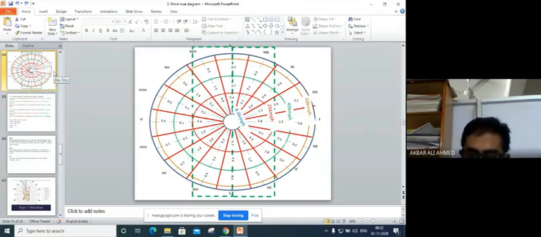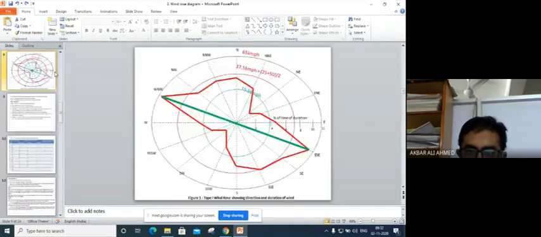In the type 1 wind diagram, you see the difference: I am just plotting on the line itself. This value here will be 4.1, on this vertical line at north. But here I'm calculating an area, an equal area on this side and an equal area on this side. And how much should the total area be?